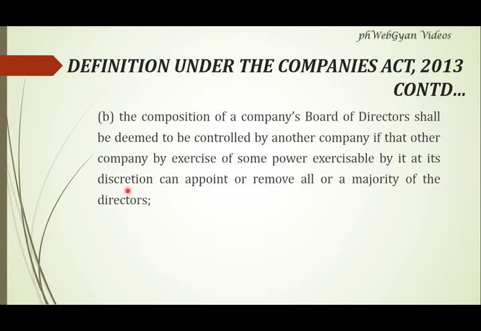That is, if any company has such power that it can on its will appoint or remove either all or majority of the directors of the other company, then it shall be deemed to have the control over the composition of board of directors of the other company. So again, it shall be deemed to be the holding company if it is having such power which it can exercise on its own will or own discretion, and by that power it can appoint or remove all or majority of the directors, then it will become the holding company.